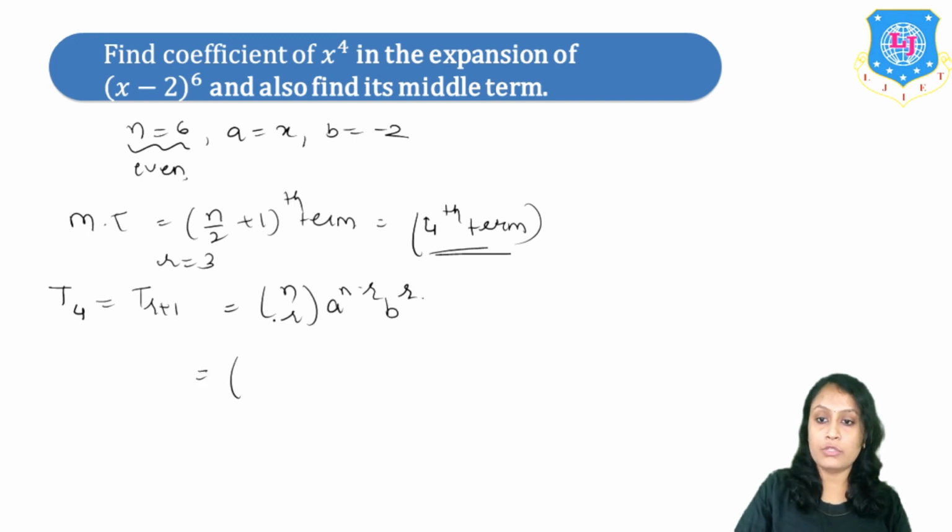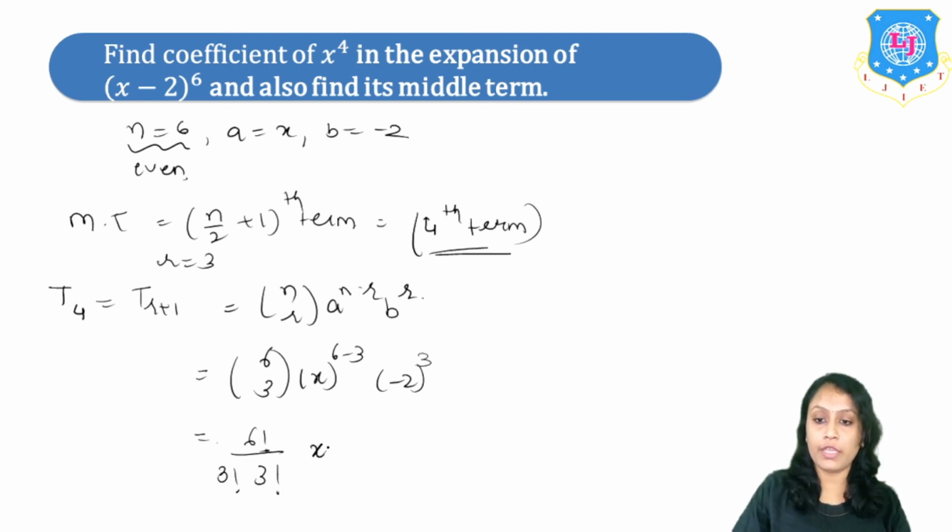Substitute all the values. So here you will get 6C3, a is x, so x raised to 6 minus 3, minus 2 raised to 3. Now again we will use this nCr formula, that is 6 factorial upon 3 factorial into 6 minus 3, so again 3 factorial. Here we have x raised to 3 and minus 2 raised to 3 will give you minus 8. Now we'll simplify this. So on simplification you will get the answer of t4.